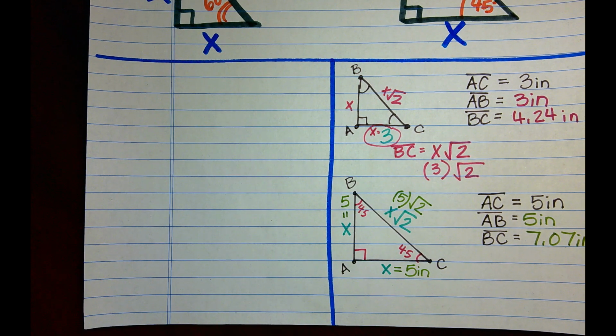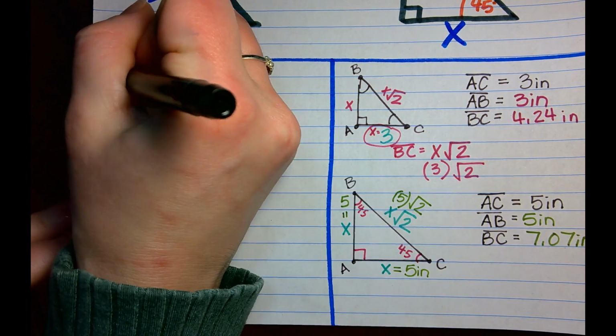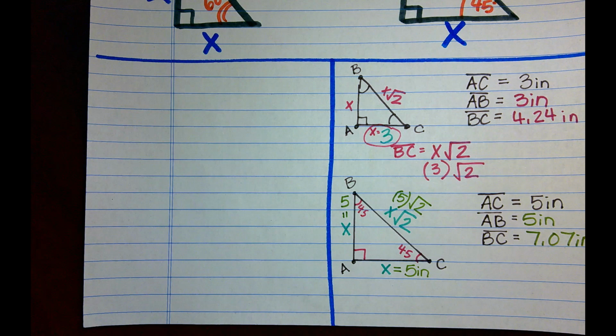So, let's look at the 30, 60, 90 triangles. I'm going to use my ruler.